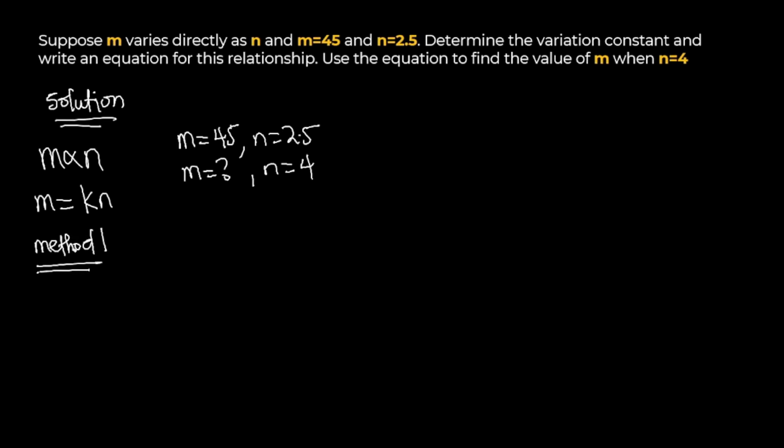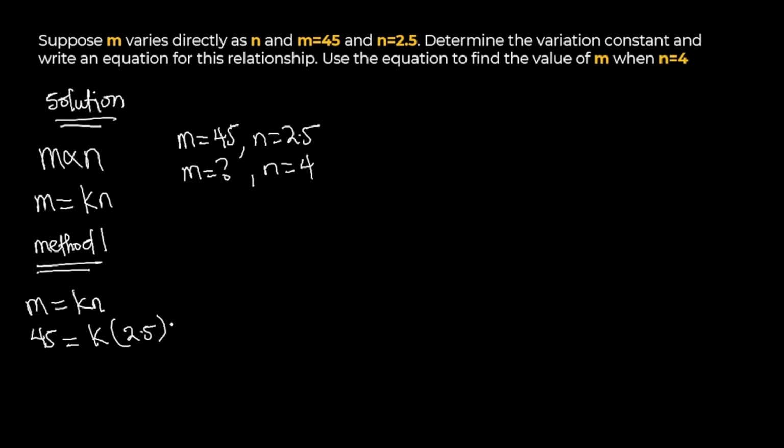So the first method is for you to find the constant of proportionality and then use that back in solving or finding the next quantity that you're supposed to find. So with that method, it goes like this. We have our statement: m is equal to kn. When m is 45, we have that equal to k, and then the value of n is 2.5.